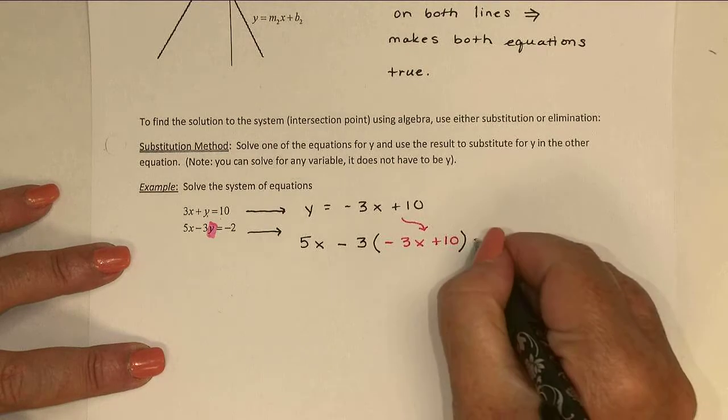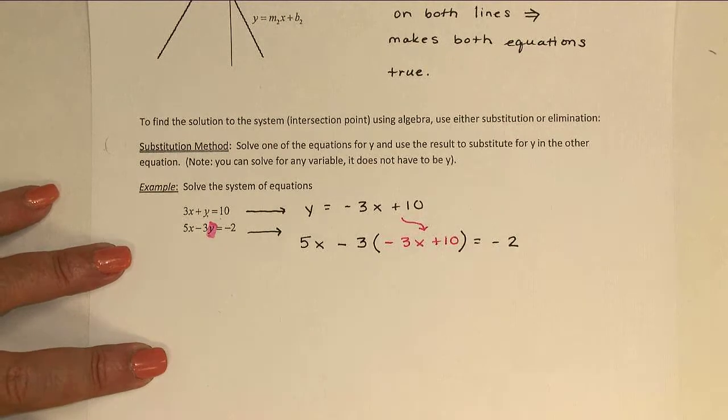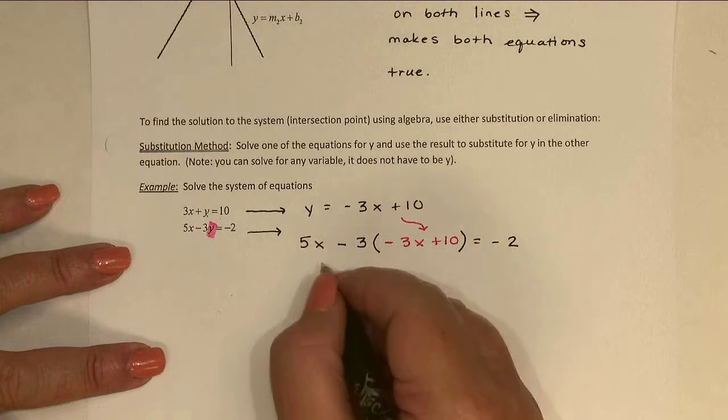And then that equals negative 2. I still have an equation to solve, but I now only have one variable.